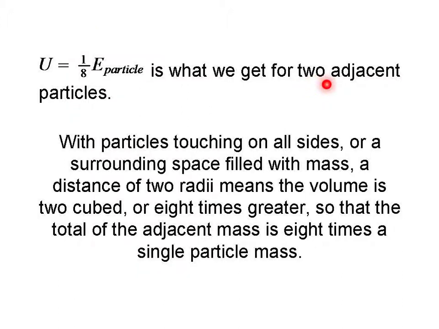But with particles touching on all sides, or surrounding space filled with mass, a distance of 2 radii means the volume is 2 cubed, or 8 times greater, so that the total of the adjacent mass is 8 times a single particle mass.